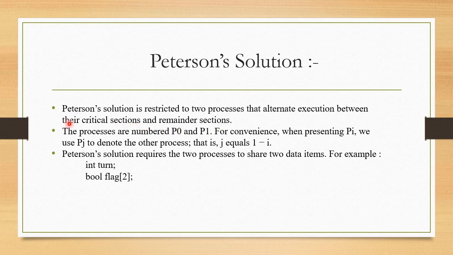And if Pj is executing its critical section, then vice versa, Pi will have to execute its remainder section. One will execute its critical section and the other will execute its remainder section. Now, the Peterson solution requires the two processes to share two data items: an integer turn and a boolean flag array of size 2.